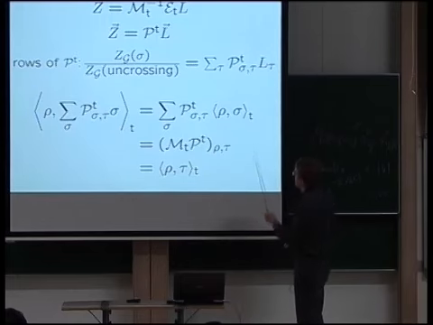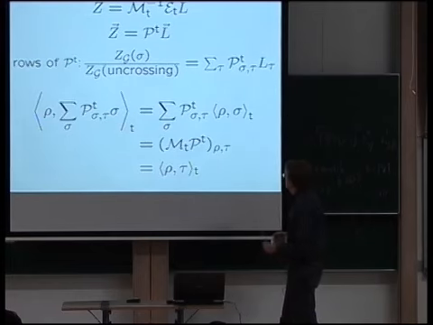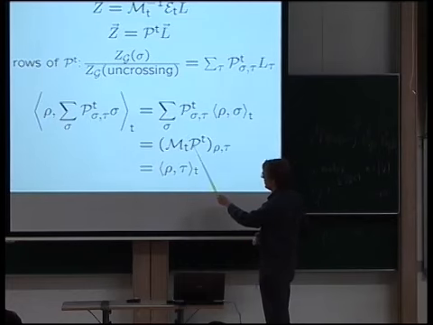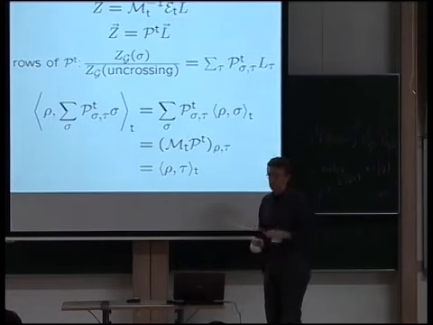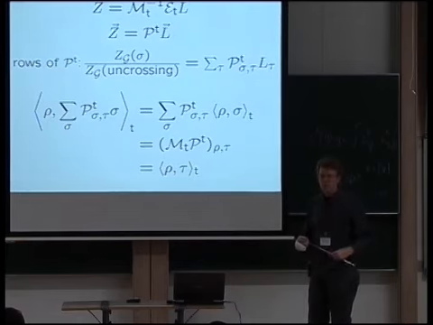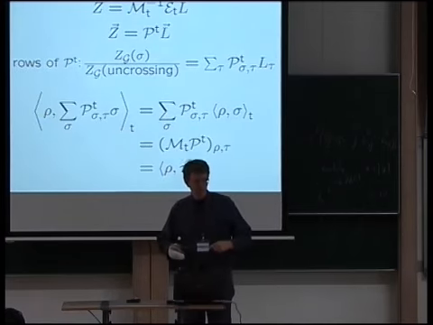This was the definition of the M matrix, and so this can be expressed this way, and then this collapses down to that. And so what this says is that the columns tell you how to re-express tau in terms of an equivalent linear combination of planar partitions.